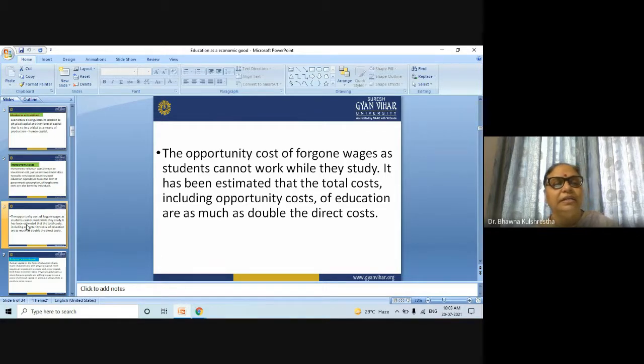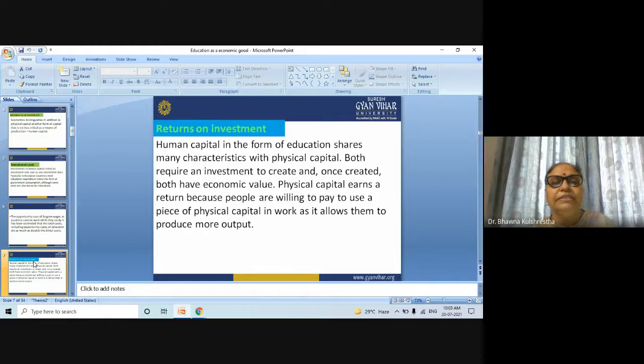And the next point is the return on investment. Human capital in the form of education shares many characteristics with physical capital. Both require an investment to create, and once created, both have economic value.